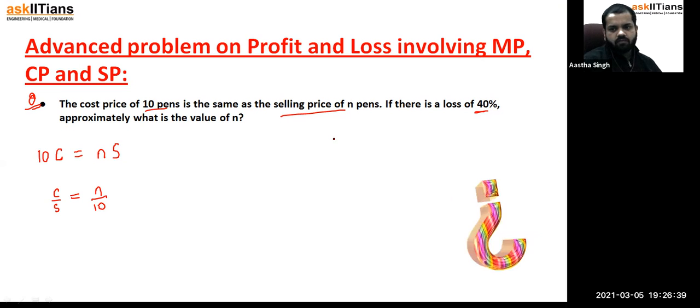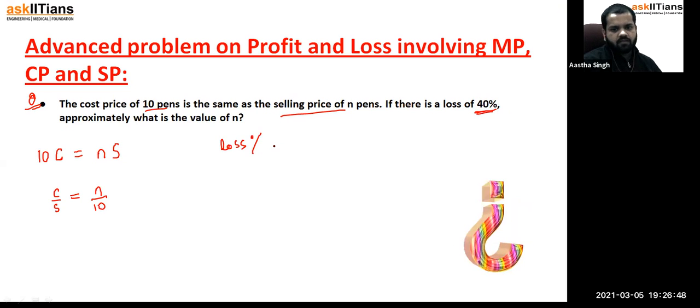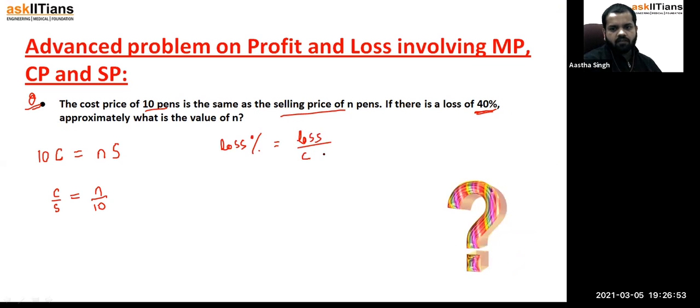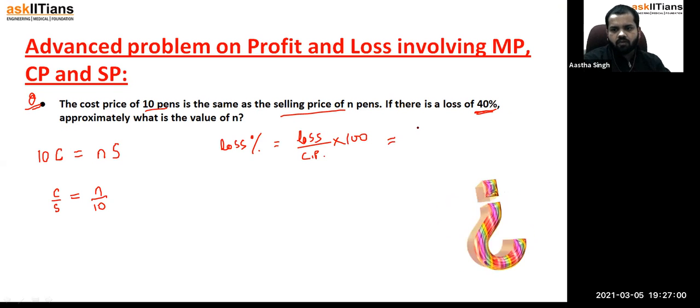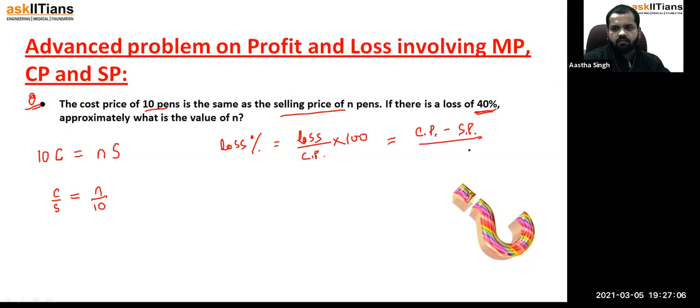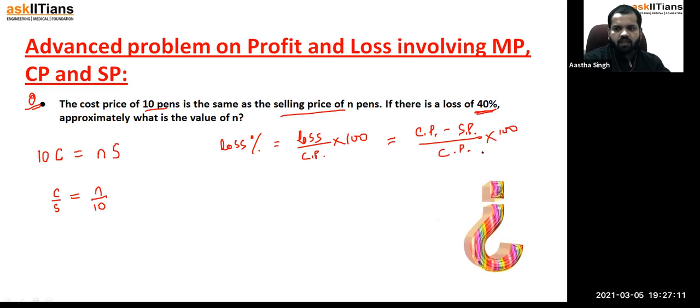And if there is a loss of 40%, guys, loss percent is your loss divided by cost price multiplied by 100. And your loss is cost price minus selling price, divided by cost price, multiplied by 100. This is what your formula says, right?